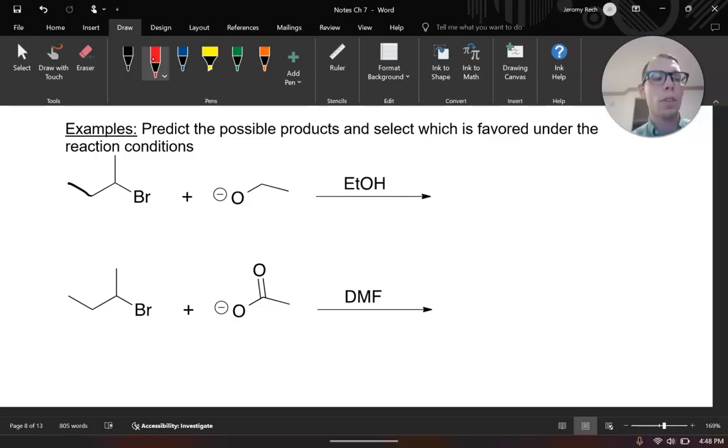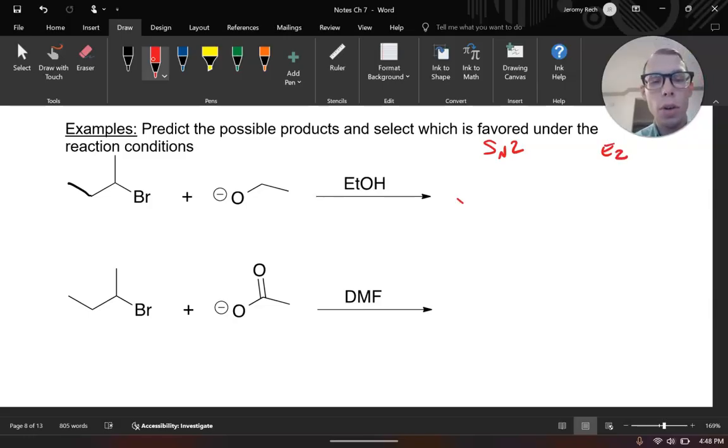So we have the exact same structure, and then we're going to react this with sodium ethoxide or this deprotonated carboxylic acid. Now, if you run this reaction, we showed something pretty similar to that first reaction above. That's a secondary substrate, which gives us a mixture of SN2 and E2. So we can draw both an SN2 and an E2 product.